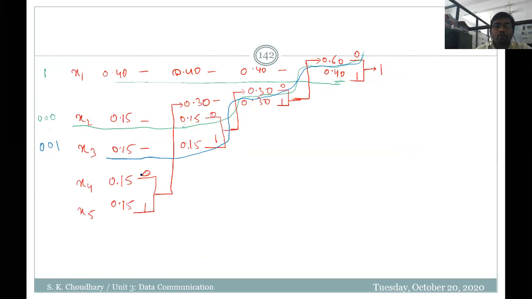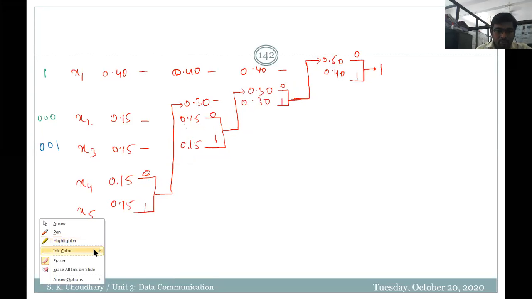Now come to x4 and x5, which come from this branch, you can see here. So we have to see the path for x4 and x5. I just deleted it so that it would be easier to understand.